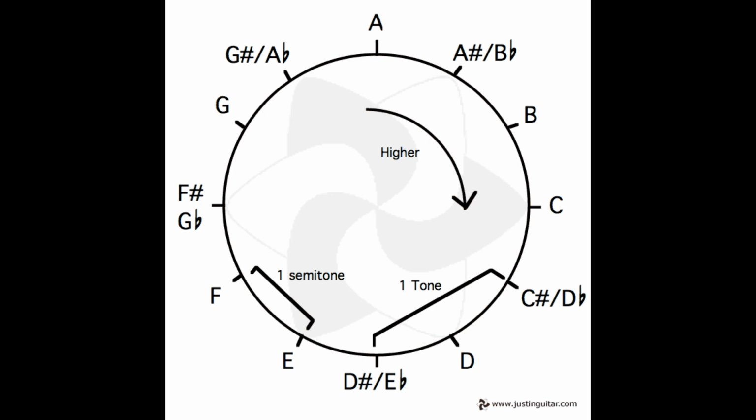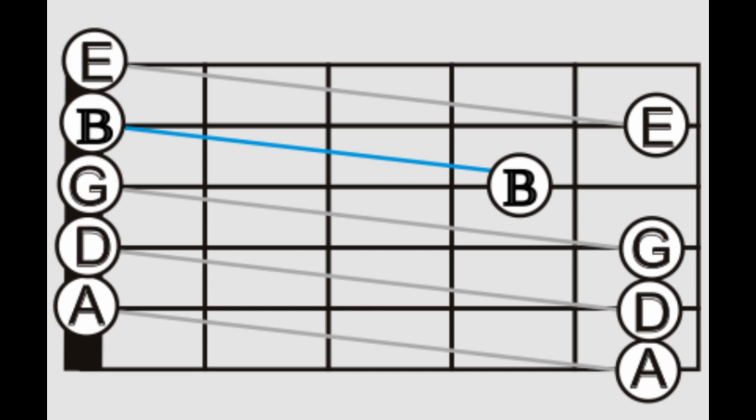This pattern repeats infinitely in both directions. The key thing to remember is that this sequence never changes. It's always the same 12 notes in the same order, whether you're going up or down the musical spectrum.